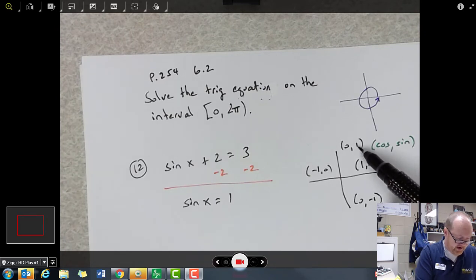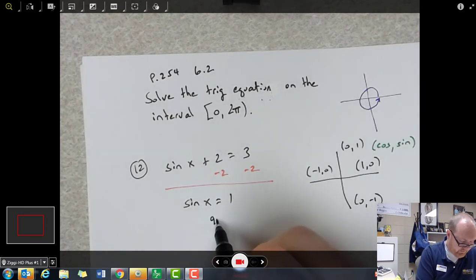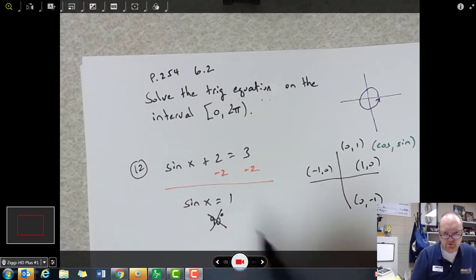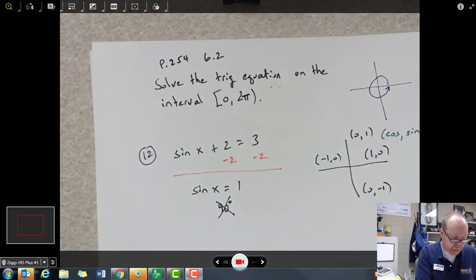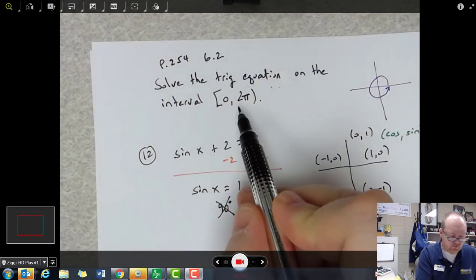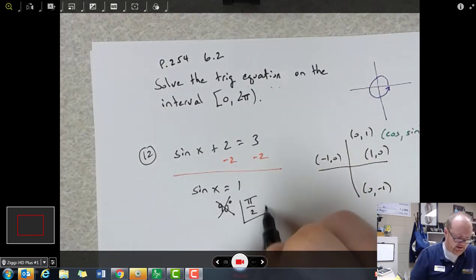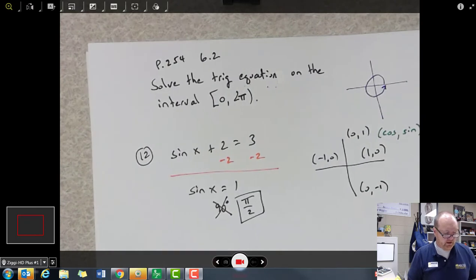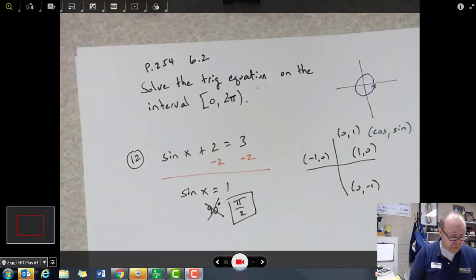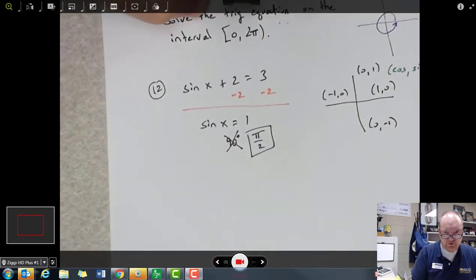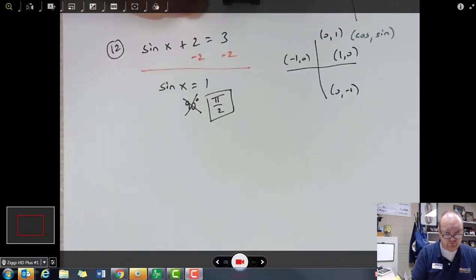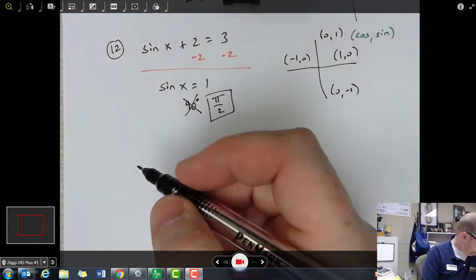That's only going to happen at 90 degrees. But again, I don't want degree measures here. This interval implies that I want radian measures. So the only answer to this problem is pi over 2. So that's the general idea on all of these. Typically, we get more than one solution on these problems as well. So let's think about that.